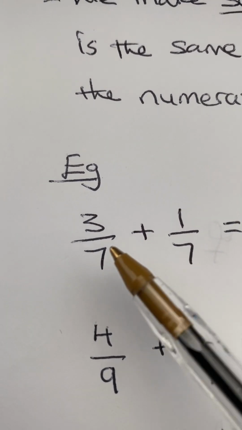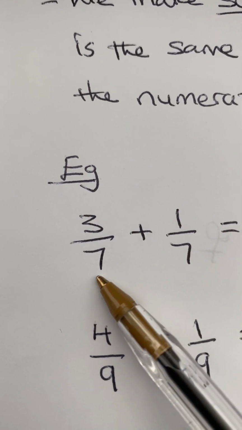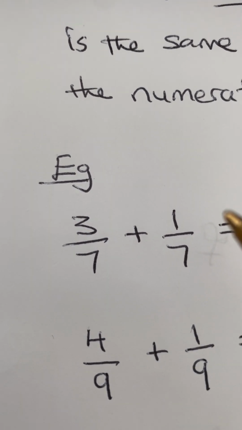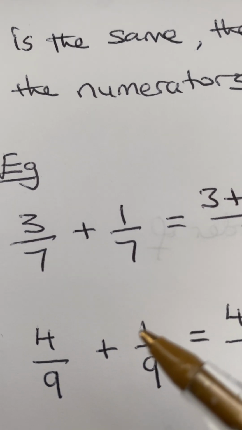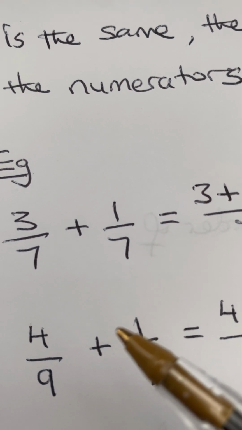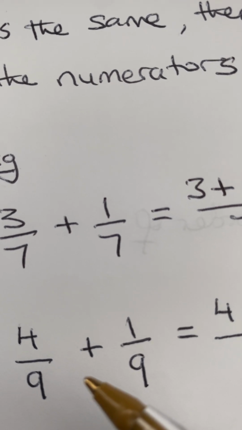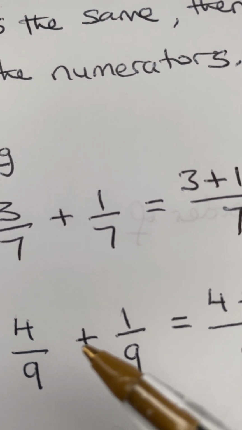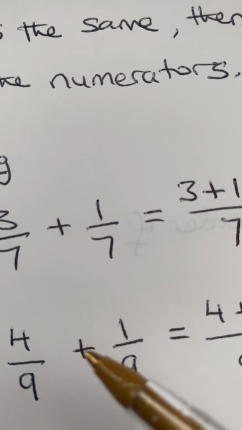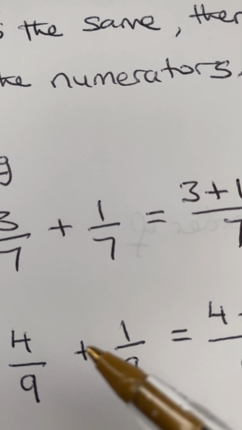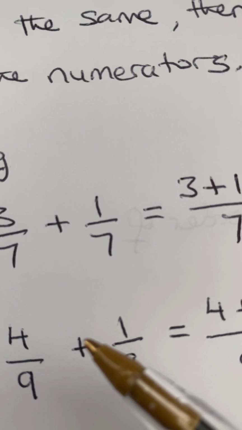So 3/7 is a fraction, 1/2 is a fraction, 2/5 is a fraction.